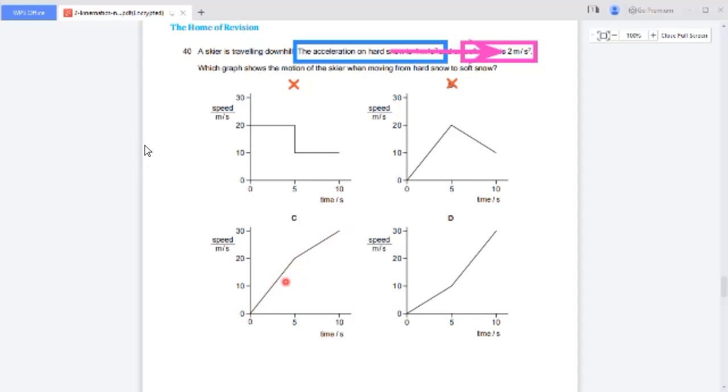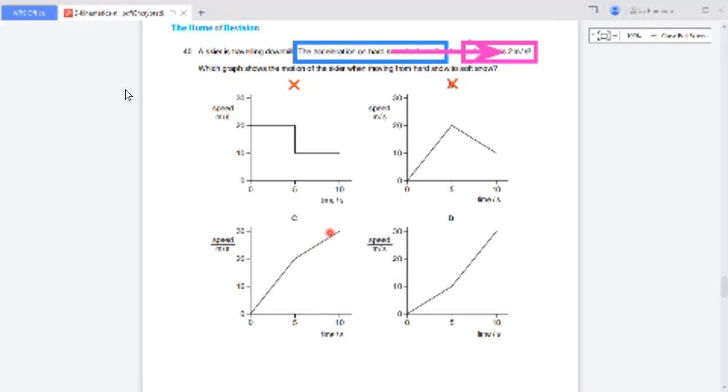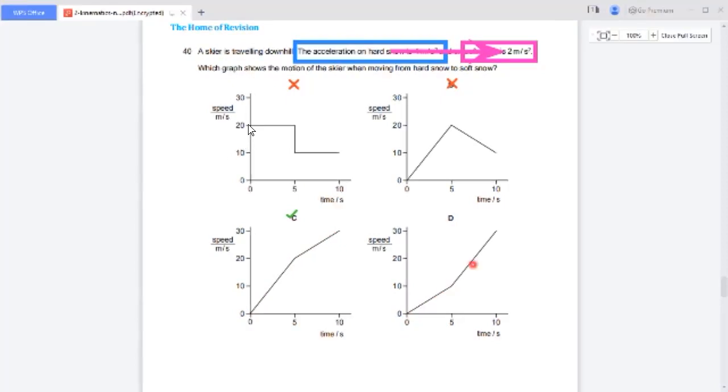It means the acceleration for this portion is larger, which is quite similar to the given statement because the gradient of a velocity time graph is acceleration. In the next one, the gradient during this portion is smaller than the gradient for this portion. It means the acceleration during this period is smaller than the later one, so it is inconsistent with the given statement.